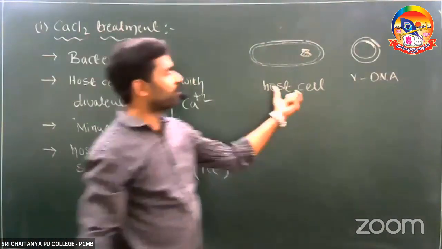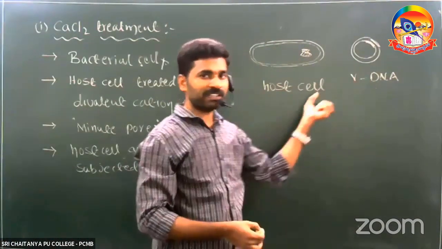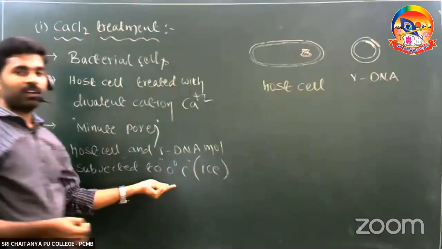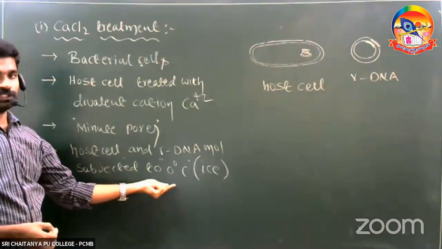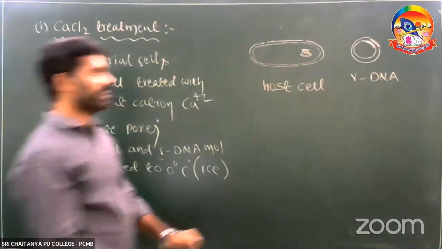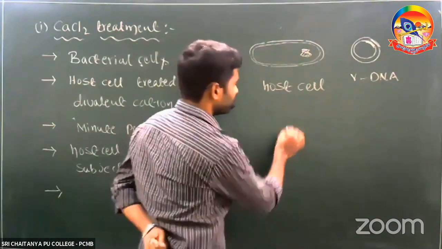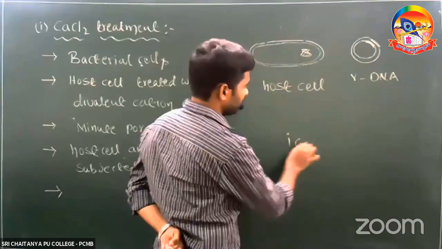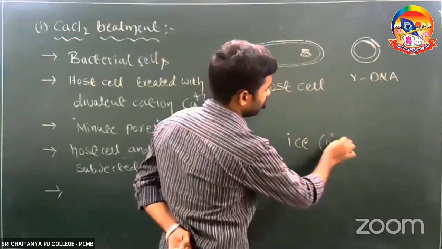So we keep both the host cell and rDNA molecules at 0 degrees centigrade, or ice conditions. First we keep them on ice conditions, 0 degrees centigrade.